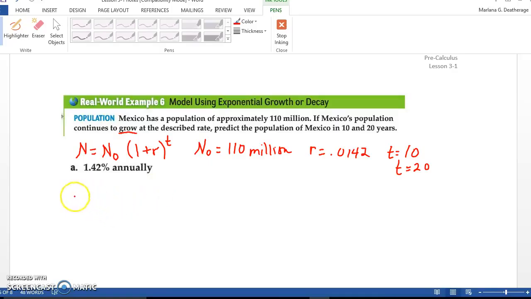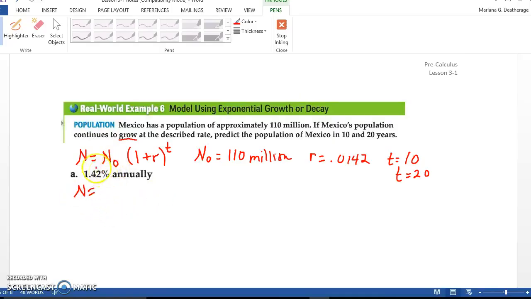We have N equals N sub 0, and we're just going to do 110. Then when we get our answer, we'll have to put it in millions. So we have 110 times 1 plus what? 0.0142 to the 10th power to do the first one.